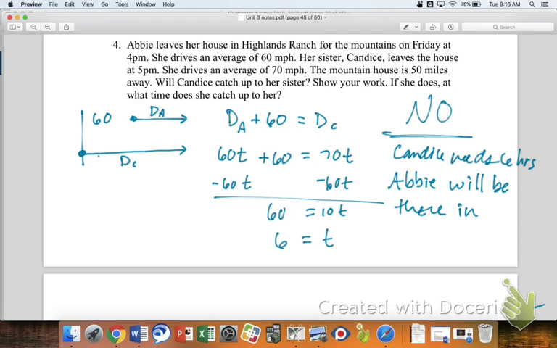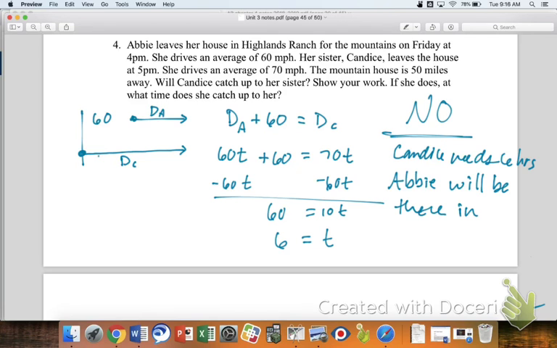Specifically, how much time? If you know a rate, say again? It says 0.833 hours. How'd you get that? I divided the rate by, or the time by the rate.